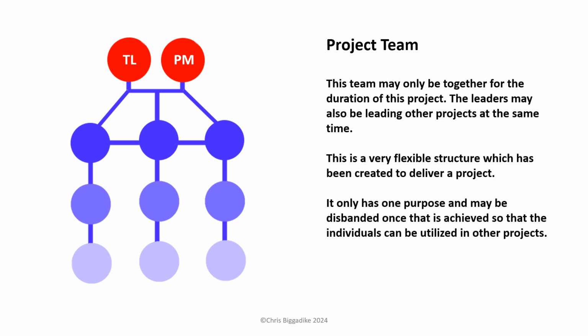This team may only be together for the duration of the project. The leaders may also be leading other projects at the same time. This is a very flexible structure which has been created to deliver a project. It only has one purpose and may be disbanded once that is achieved, so that the individuals can be utilised in other projects.